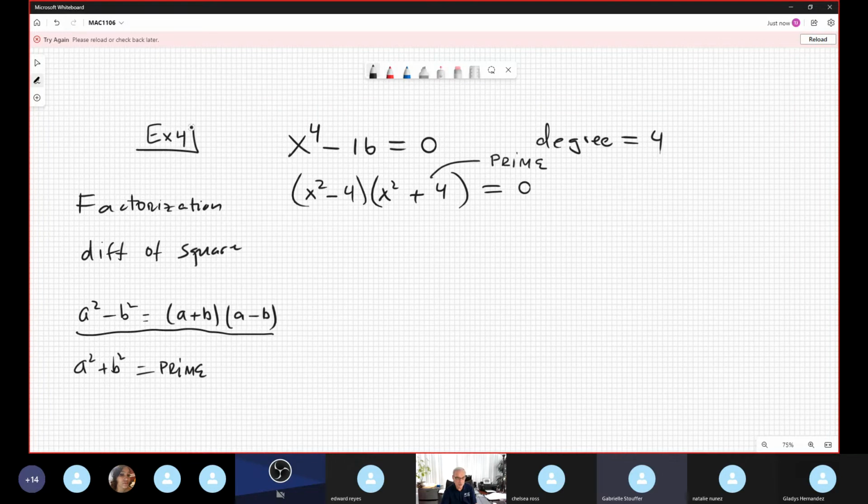And what is the reason it's prime? The reason it's prime is because the solution is complex. And you see in a few minutes, it's complex. Okay. So now I finish the factorization? No. I decompose. This part is plus or minus, and this stays the same.